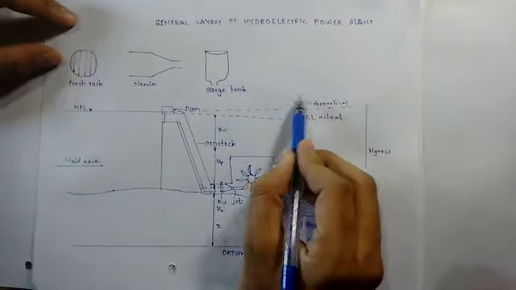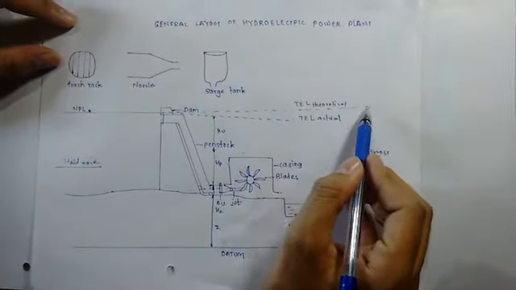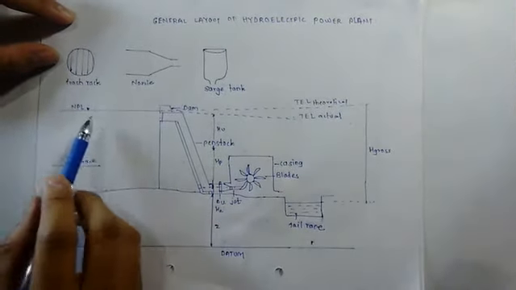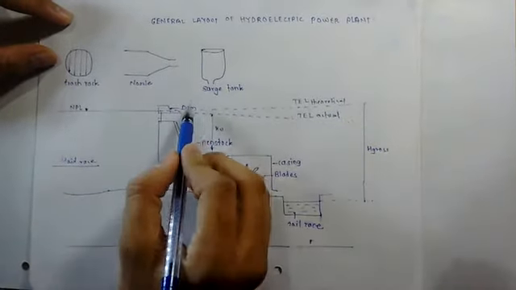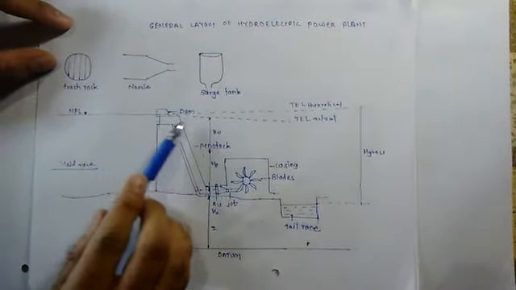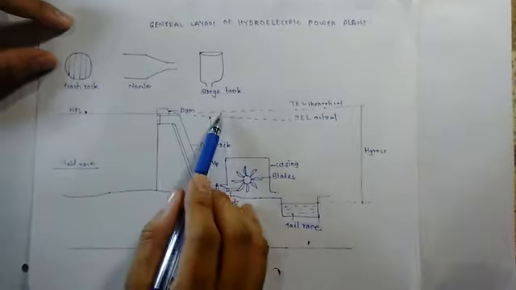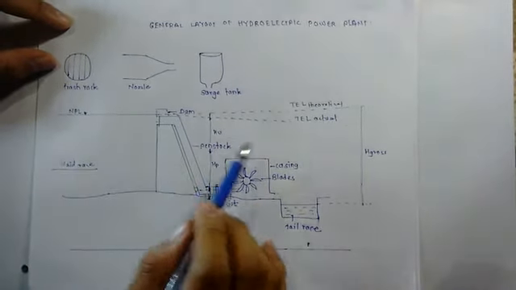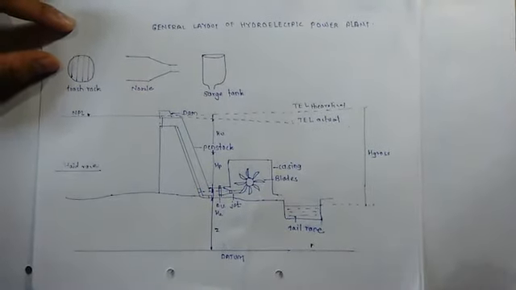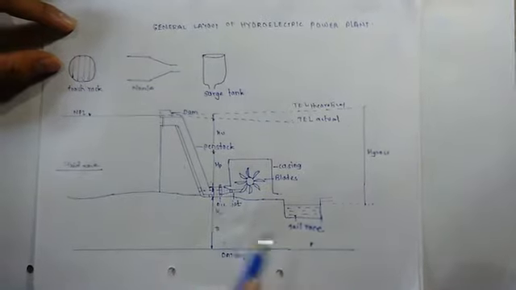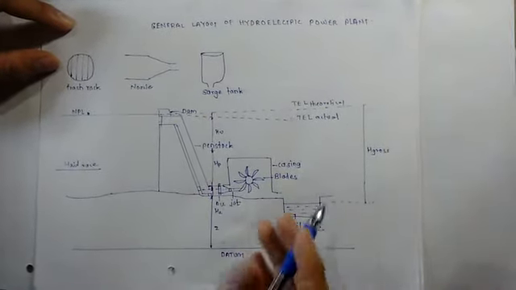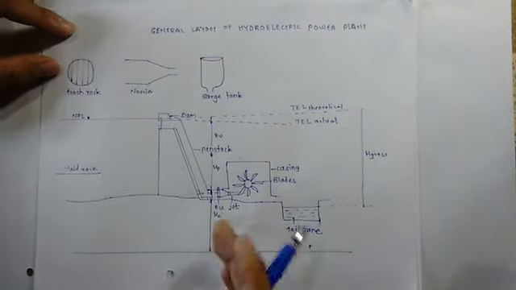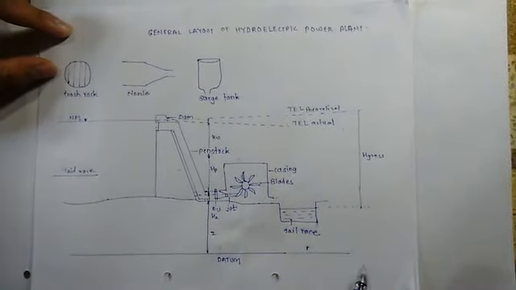Now assume this is the total energy line, theoretical. When the water flows from this, the total energy actually goes on decreasing. This difference is created due to the frictional losses in the penstock. At this point, just before the formation of the jet, assume this is the datum.